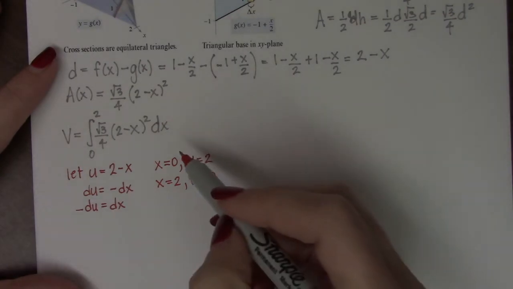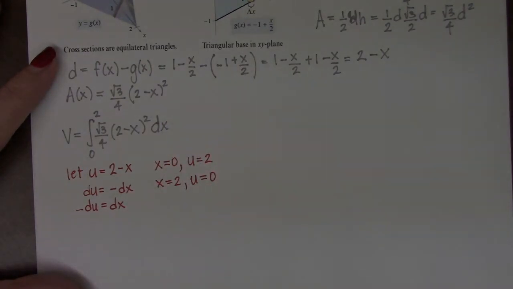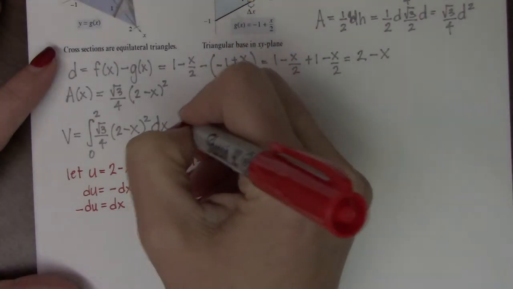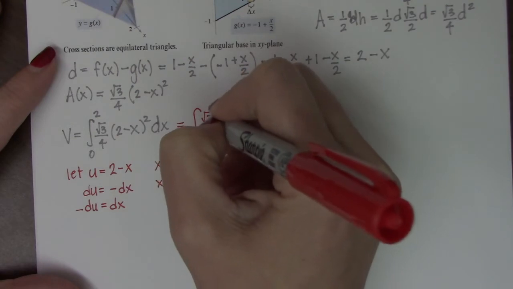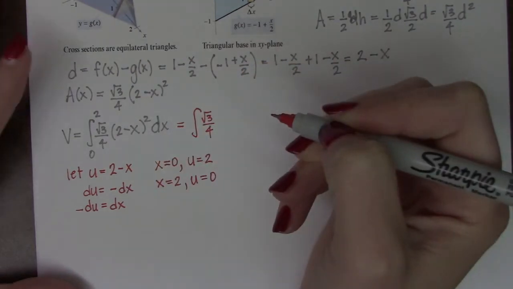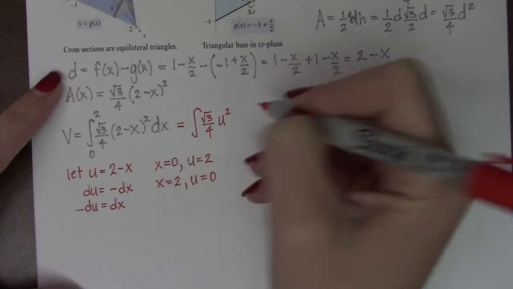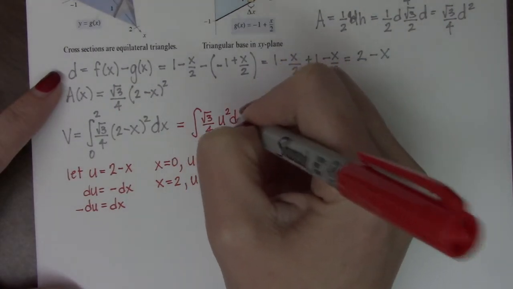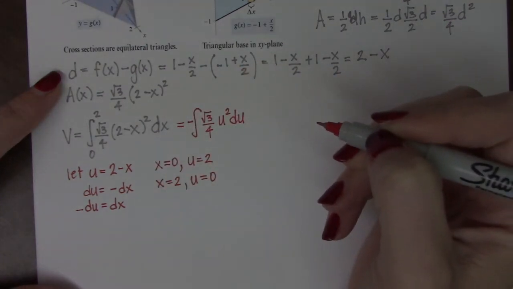So now I'm going to translate this integral to variable u. So I'm simply going to write the integral, right? Square root of 3 over 4 is just a constant. U represented everything inside the parentheses, so this just becomes u squared. And when I plug in my du, I'm really going to plug in negative du, so I'm just going to move the negative sign out front.